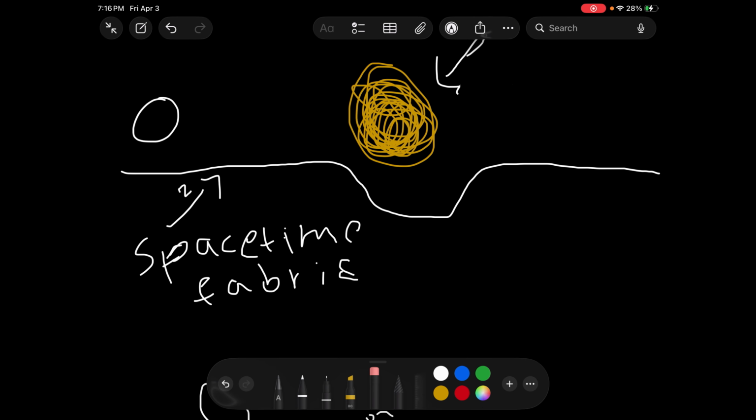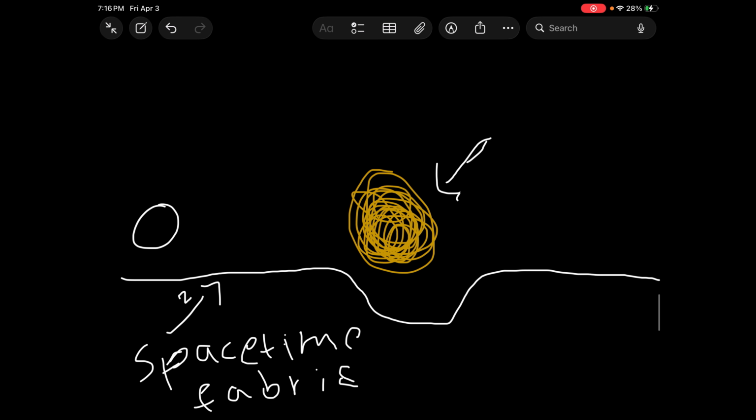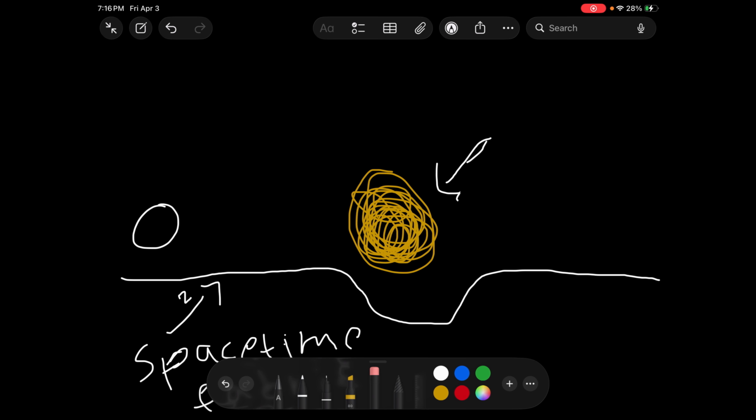So basically how we would experience it if we were in a spaceship passing the sun or the earth or any celestial object with a good amount of gravity, we would be going in a straight line according to us.